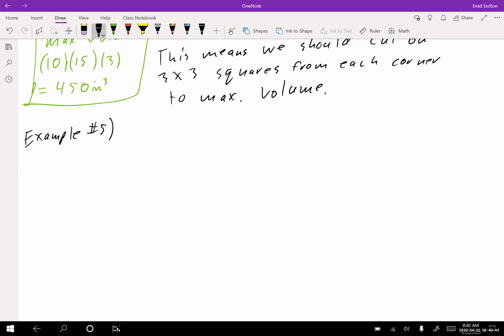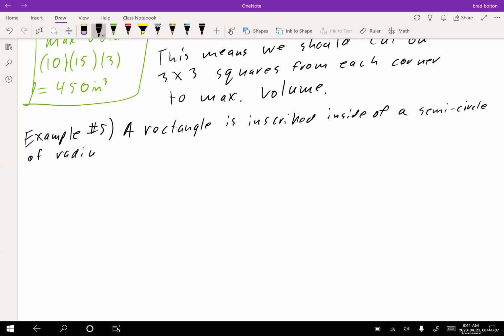Okay, so it says a rectangle is inscribed inside of a semicircle of radius 2 and the x-axis. So you use the x-axis as your border is what this is saying.